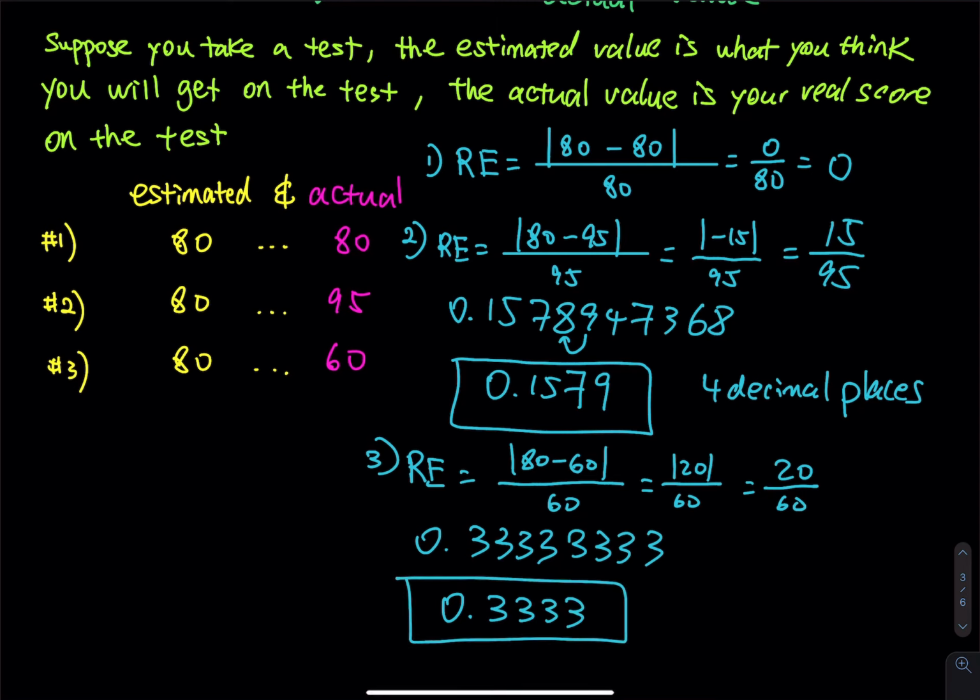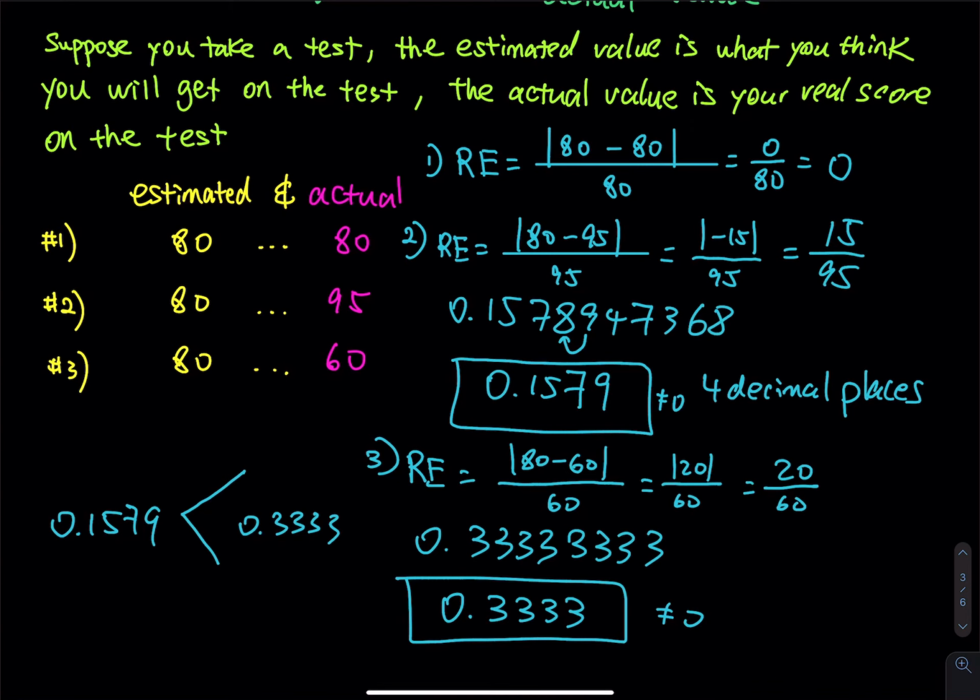All right, this one has some value, right? This one is not equal to 0. What does that mean? Not equal to 0 means your guess and the actual data are not the same. If you make a quick comparison, 0.1579 versus 0.3333, which one is bigger? This one is bigger, right?